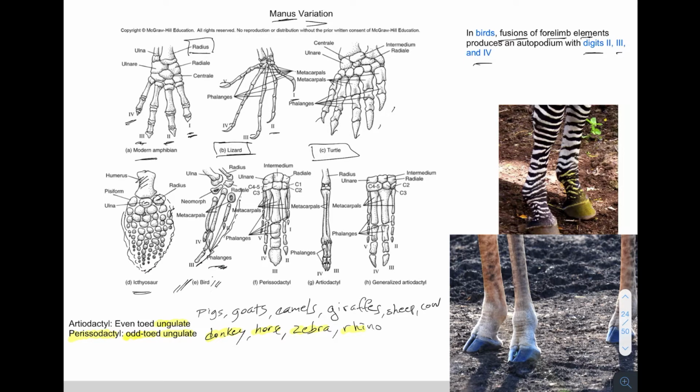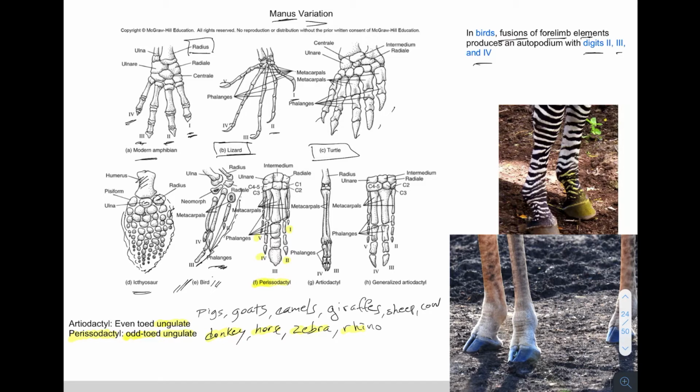Now, when we look at the fossil record, and this is an ancient perissodactyl, so this is one that has not lost all the digits yet, but is in the process of losing them. And so what we see is that digit 1, digit 2, 4, and 5 are moving away from the ground and getting smaller and smaller.